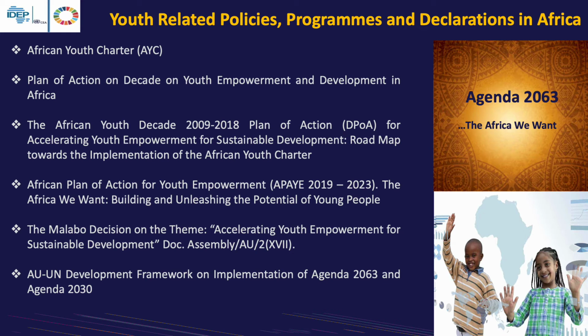This framework is also very key because it's a joint effort by the African Union and the United Nations, and is a framework that helps to provide more insight on the linkages between the two frameworks and helps Africa to align with the SDGs as we move forward towards successfully implementing the SDGs by 2030.